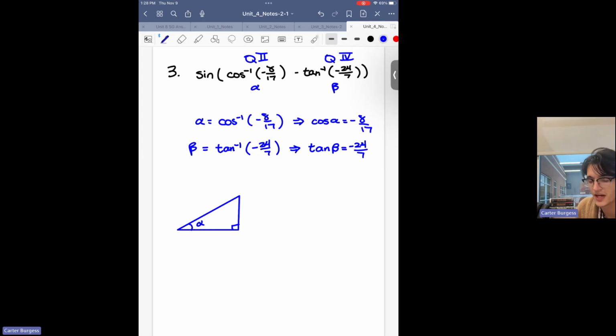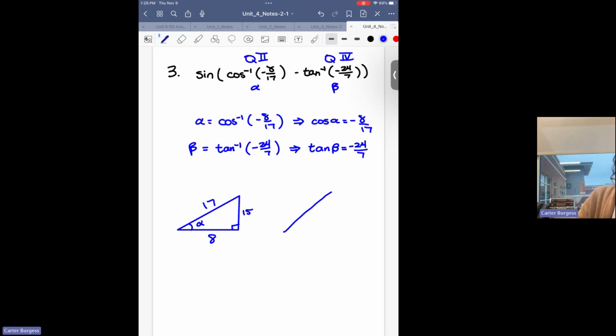What do I know about the triangle for alpha? Eight, 17. What's my missing side? Anyone know off the top of their heads? What is it? 15 is absolutely correct. But we could use the Pythagorean theorem in order to solve that if we weren't sure.